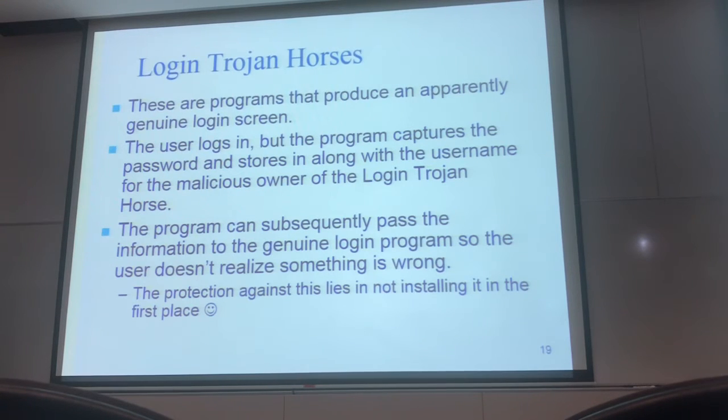The Trojan horse can also capture the screen in order to steal the user password if they use some other mechanism. For example, some systems don't let the user type the password using the keyboard.